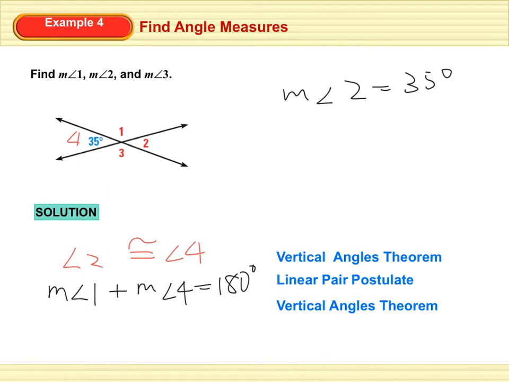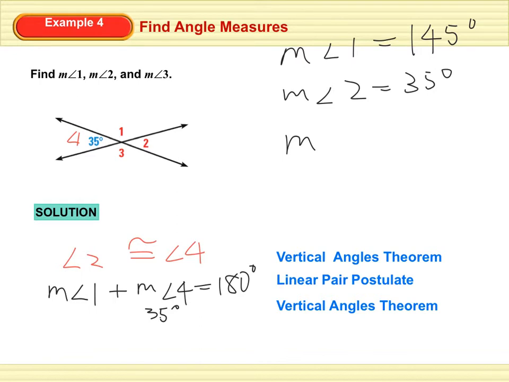So if I do the substitution here, if I subtract 35 from 180, I should have my answer. I'm going to write it on top. Measure for angle 1 is 180 minus 35. 180 minus 30 is 150. 150 minus an additional 5, I should have 145 degrees for angle 1.